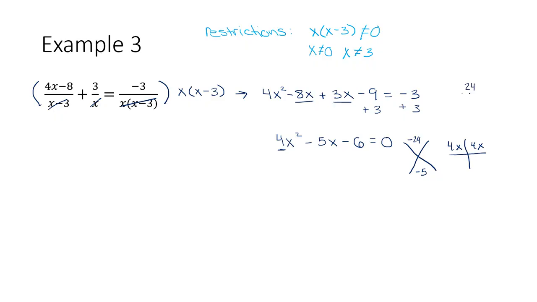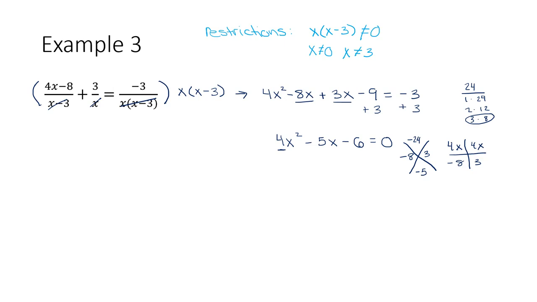So 24 has factors of 1 and 24, 2 and 12, 3 and 8. I make 8 negative, negative 8 and 3 will add to negative 5. So I put those in my T-chart.